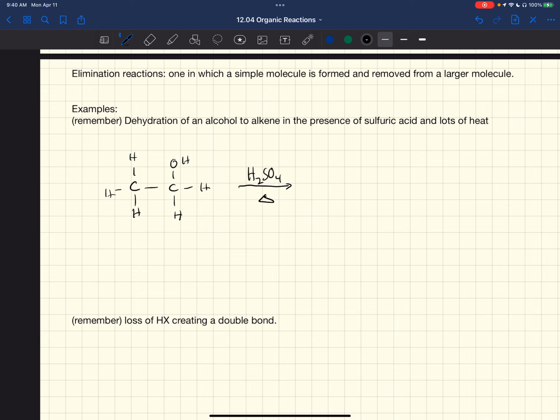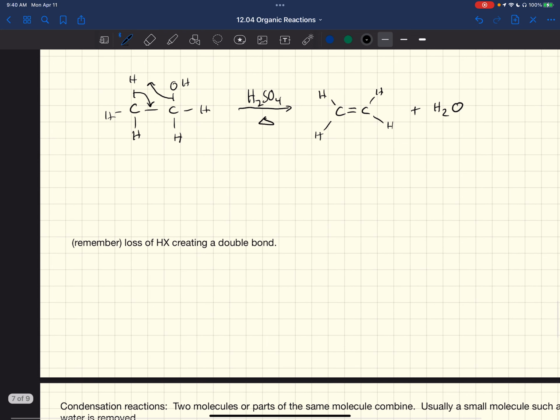This is run in the presence of sulfuric acid and a lot of heat. And what happens is those electrons snap down to make our double bond, and then these electrons attach here. So what we get, you'll notice that this is really just the opposite of that addition reaction. Loss of HX. Same conditions.